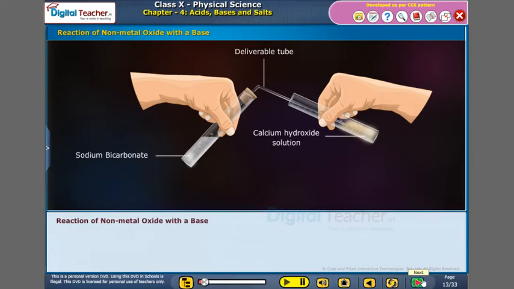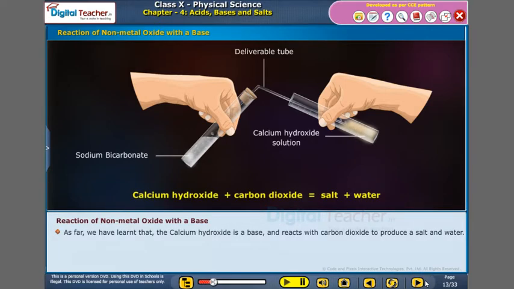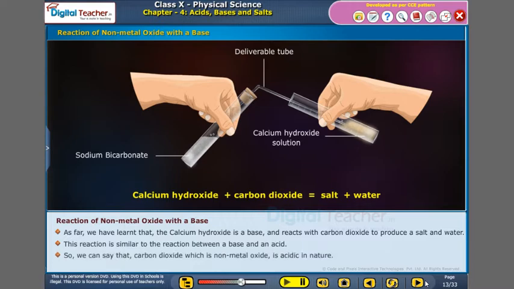As far as we have learnt, calcium hydroxide is a base and reacts with carbon dioxide to produce a salt and water. This reaction is similar to the reaction between a base and an acid. So, we can say that carbon dioxide, which is a non-metal oxide, is acidic in nature.